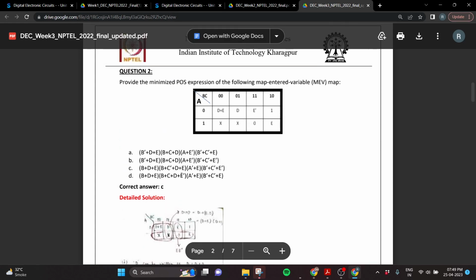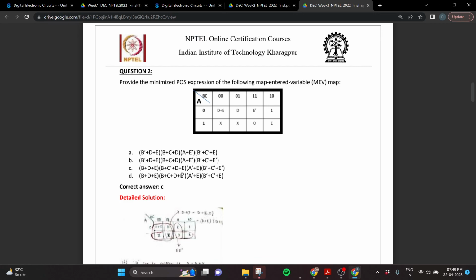Okay. So what we have to do is we have to form the pairs. So one could be this, another could be this, and another could be this.